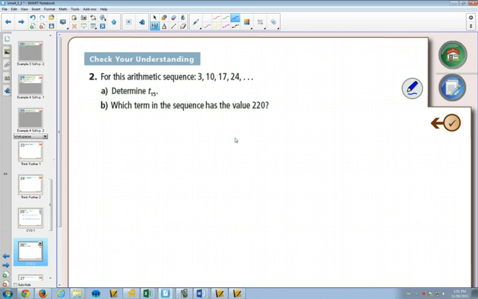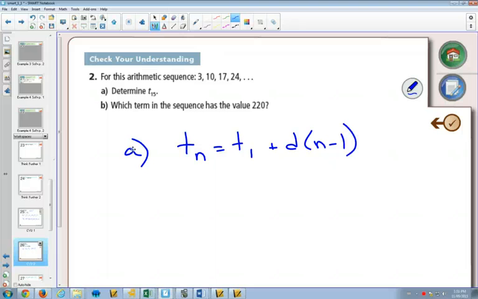The other thing that we can do is we can say, well, I have a formula on my formula sheet. Since this is an arithmetic sequence where I have a common difference, because I'm adding 7 each time, I know that my common difference, my d value, is equal to 7.